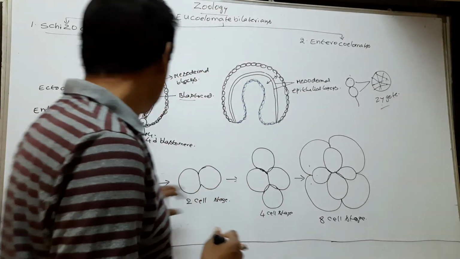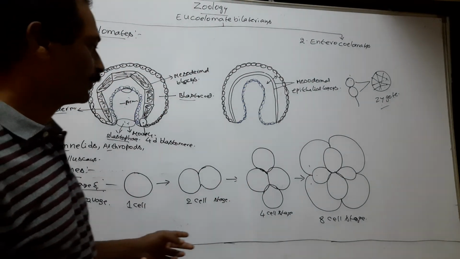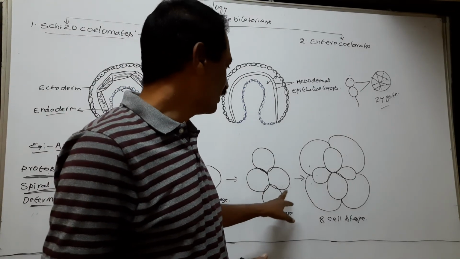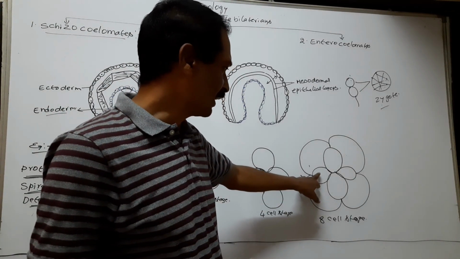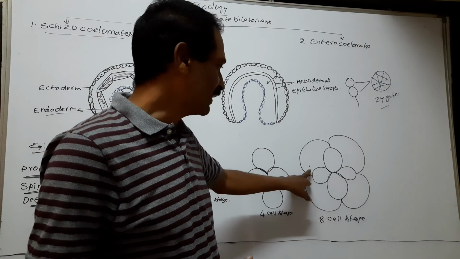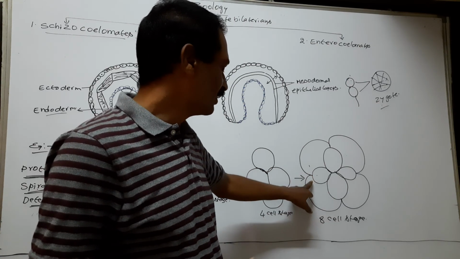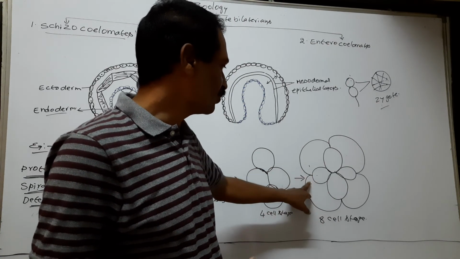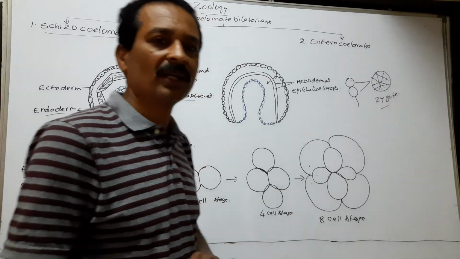So this is spiral cleavage. Each cell in the upper tier is arranged at the junctions of two cells of the lower tier.